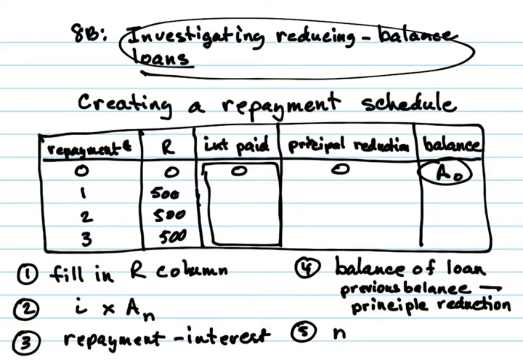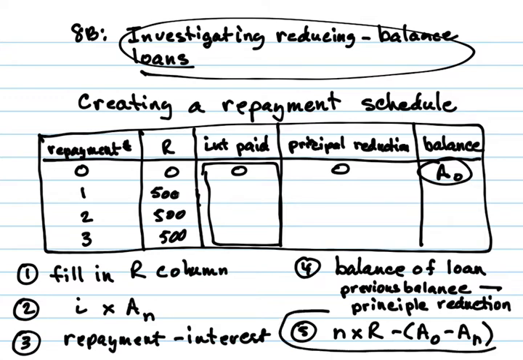We did last time: the number of payments times the payment amount minus the principal minus the balance at a given time. That's the same formula we used last time. So they're just trying to have some continuity so you can practice with that formula. And remember, this formula is not on your formulas page. You have to just remember how to compute that. Okay?